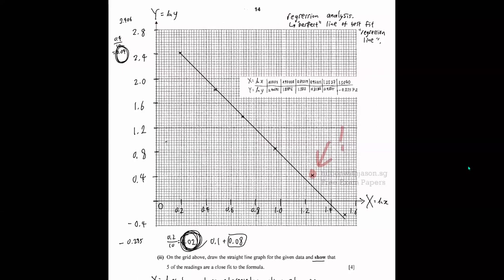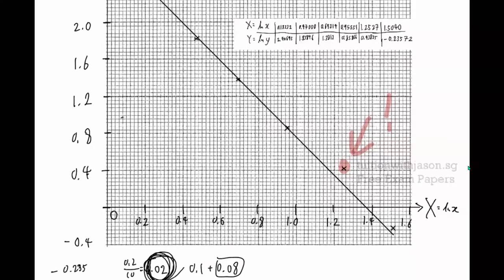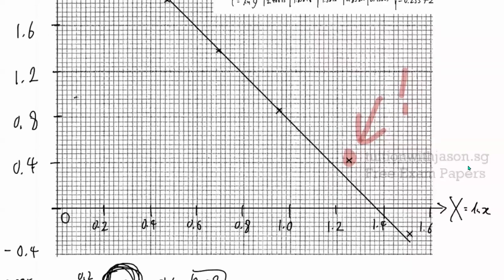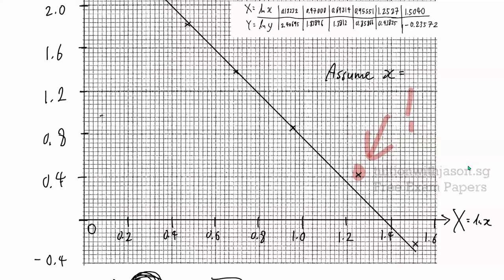So how do you approximate the correct value of y? They said assume that x is correct. You use the same x, like what is it? The same 1.2527. Yeah, that's a ln x.